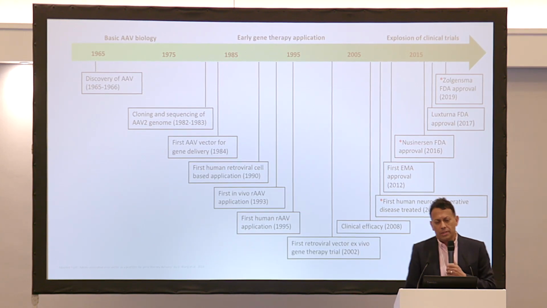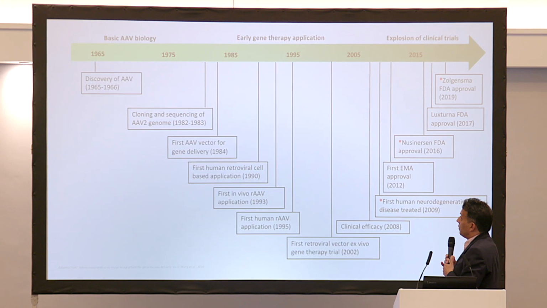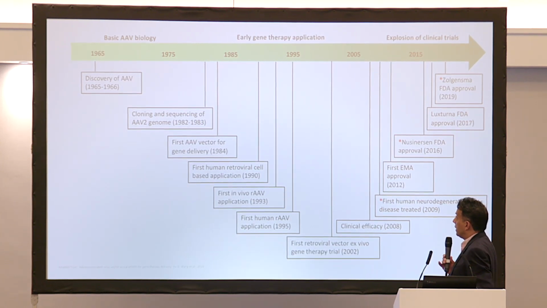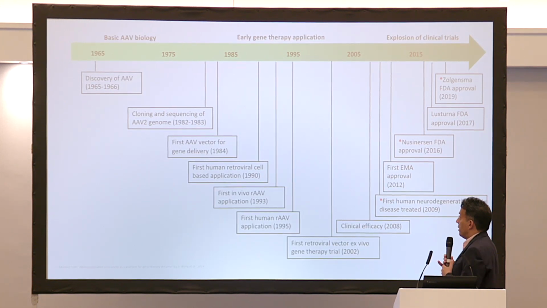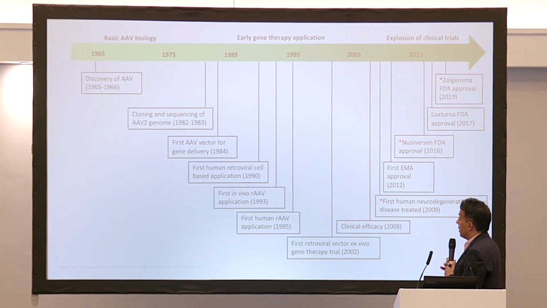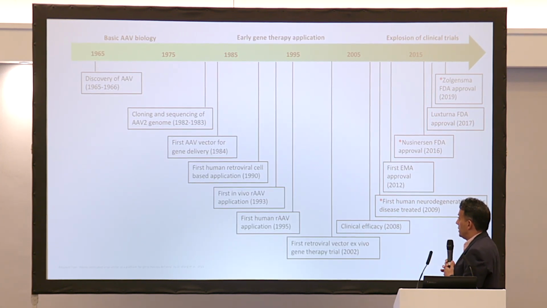A little history of gene therapy overall. This has been a long time in the making, for the past 50 years. Originally, various AAV vectors were discovered and cloned, and then the first human retroviral cell-based applications were performed.